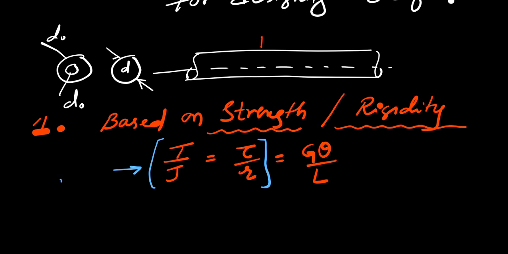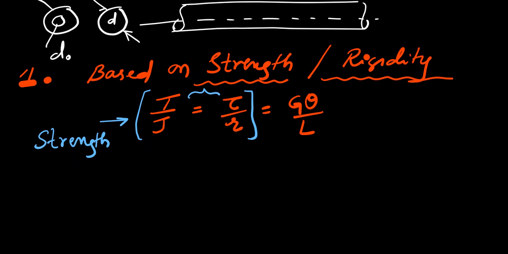If you want to design based on strength, you have to use these two equations. And if you want to design based on rigidity, then take the first and last: T by J is equal to G theta by L.